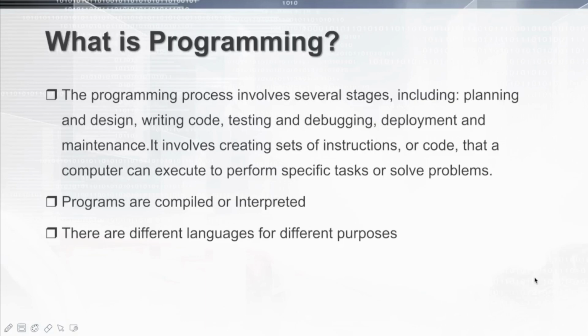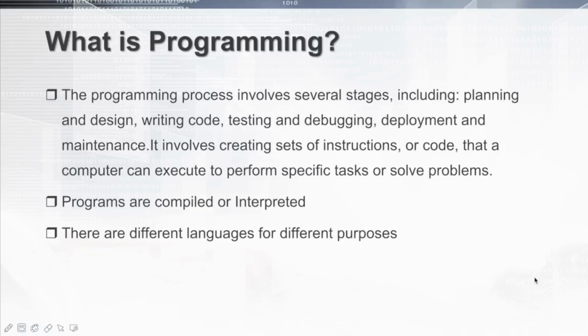So in the software development industry, we have people who specifically test applications. They are called QA engineers. They test the applications, make sure that the application works in line with specifications. And then we have the deployment and maintenance phase.